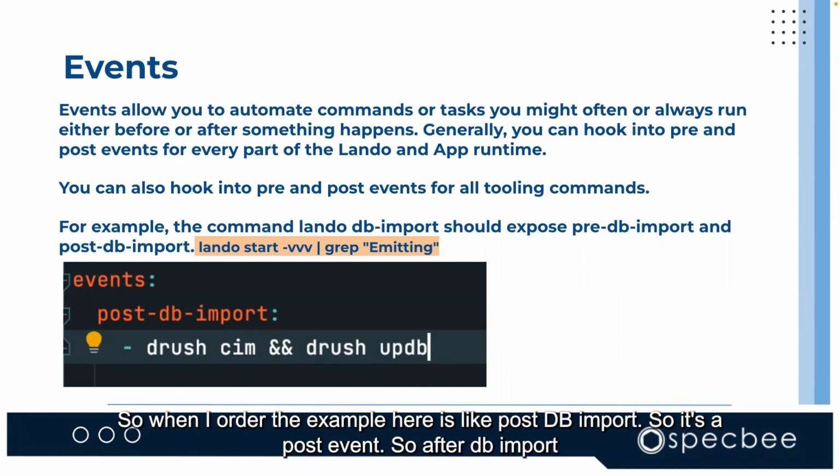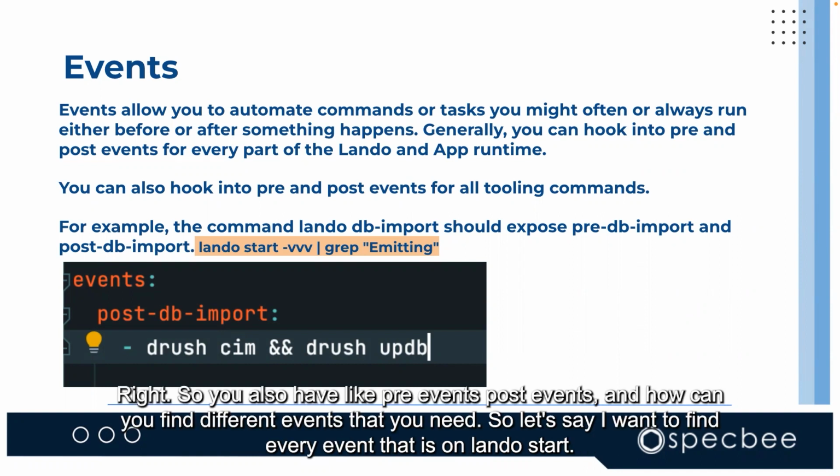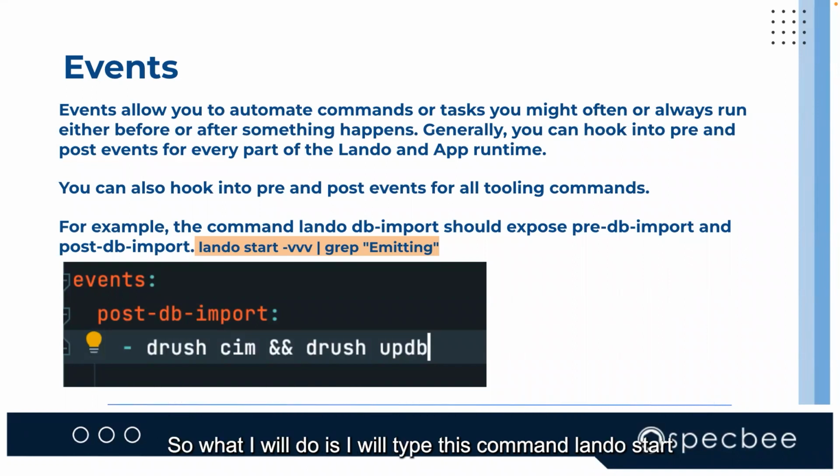So one example here is post DB import. So it's a post event. After DB import, it should run drush cim and drush updb, right? So you also have pre-events, post-events, and how can you find different events that you need? So let's say I want to find every event that is on Lando start. So what I will do is type this command lando start, and I will make it verbose, and it will grep emitting.